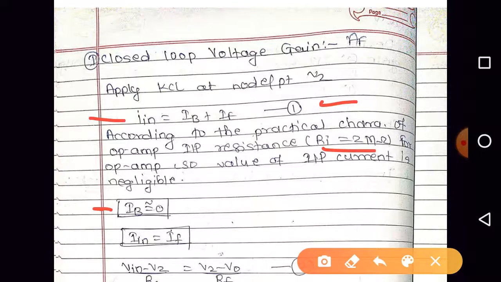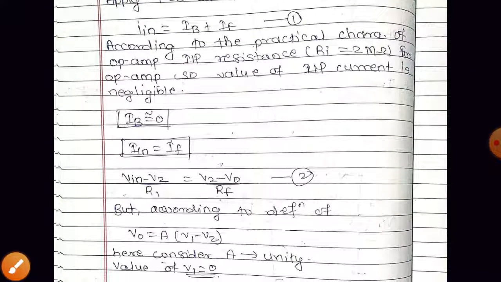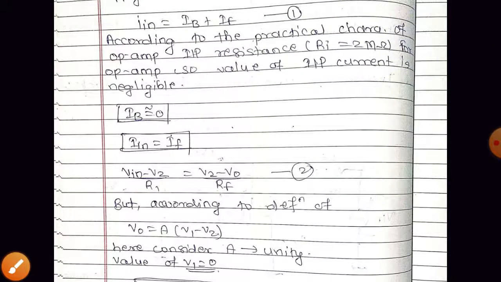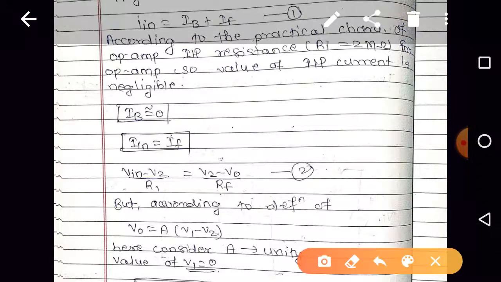So IB is nearly equal to 0. So we can say that I in, the incoming current, is equal to IF.